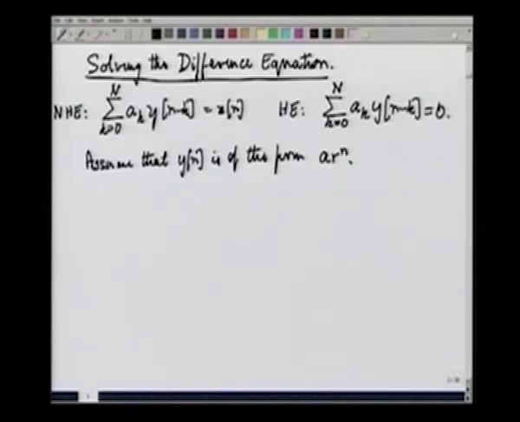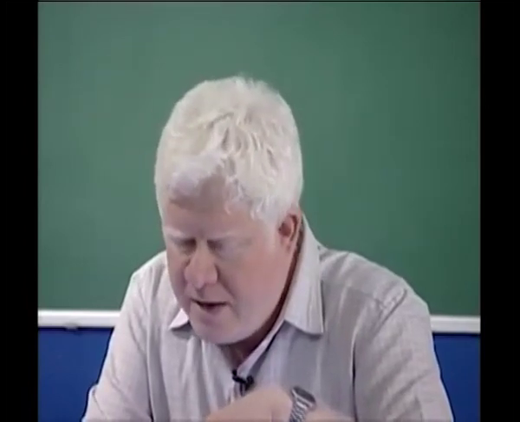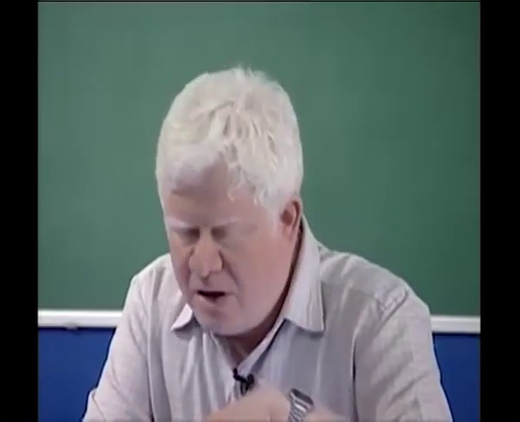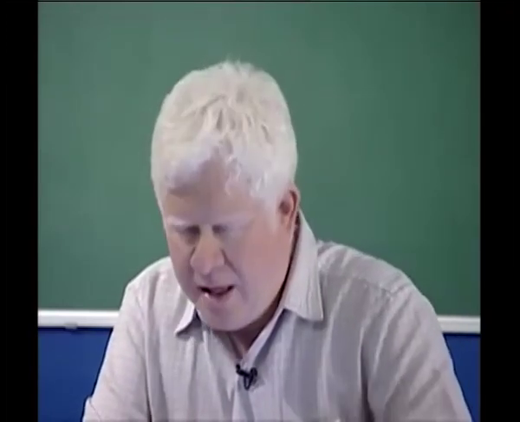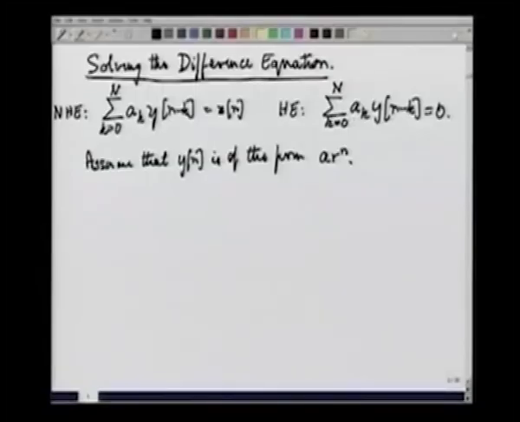If we make such an assumption, then it is clear that the factor a r to the power n will appear in every term of this summation, and hence a r to the power n can be factored out to leave behind just an algebraic polynomial in the coefficients a_k.